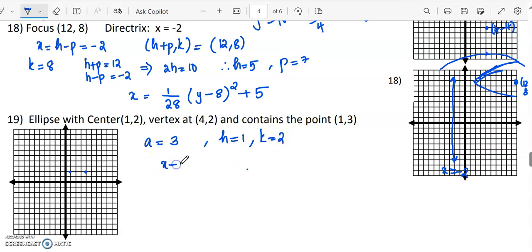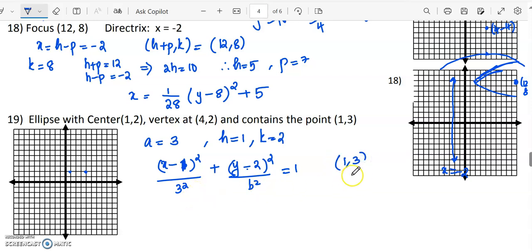So the equation will be (x minus h) whole square by 3 square plus (y minus 2) whole square by b square is equal to 1, where h is 1. And we are given that the ellipse contains the point (1, 3), so it passes through the point (1, 3). So when we substitute x equal to 1 and y equal to 3, the first term becomes 0.